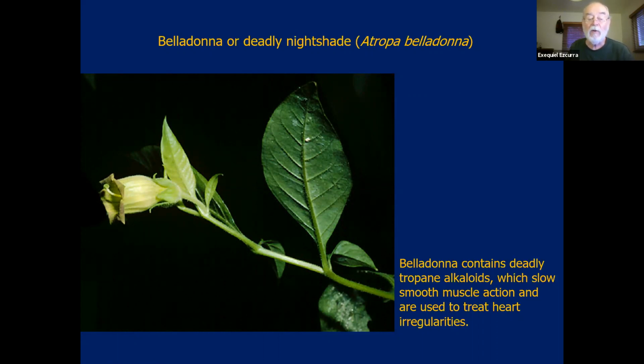First of all, every time you go to an optician or an optometrist and they dilate your pupil to see your eye inside, they use atropine, which is the active substance from Atropa belladonna.